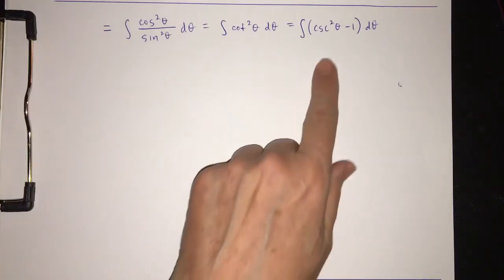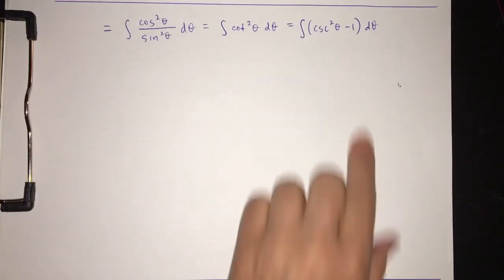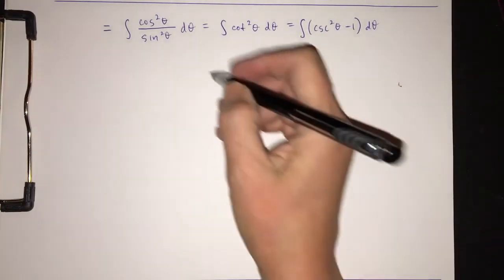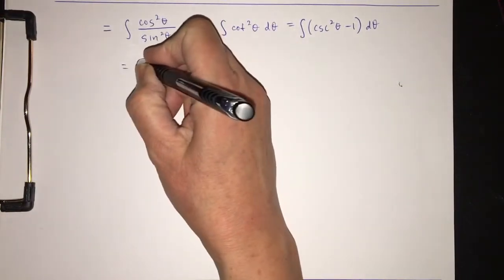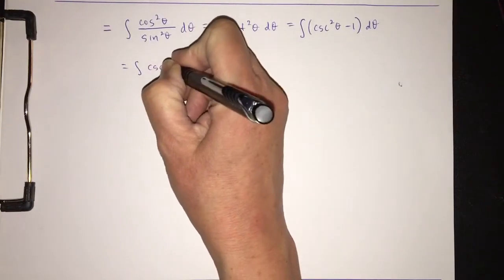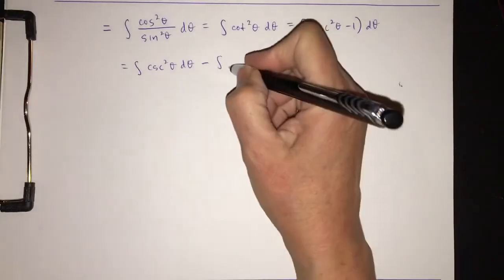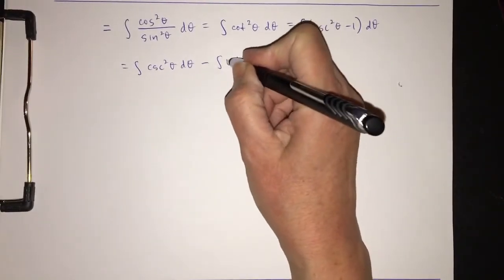I prefer to take something like this and separate it into two integrals because I want to remember that's what it is. This will be the integral of cosecant squared theta d theta minus the integral of 1 d theta.